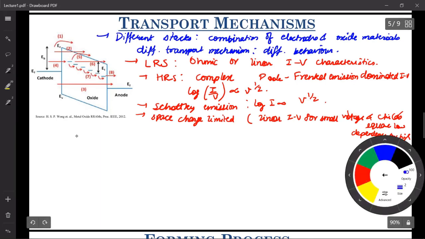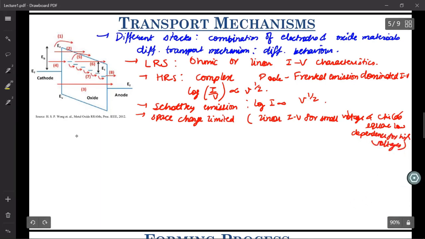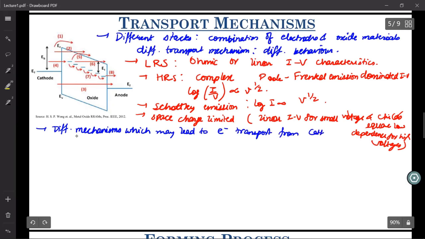So let us look at the different mechanisms which may lead to electron transport from cathode to anode of RRAMs.